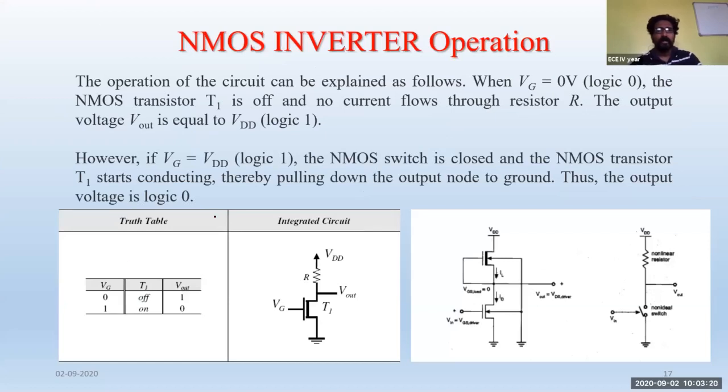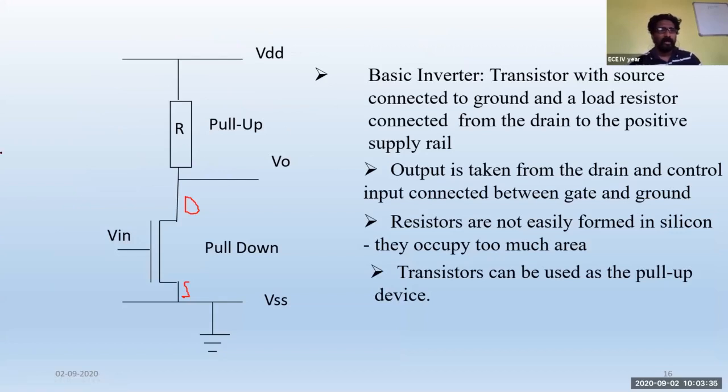Now let us see the operation of these pull-up devices. Before going to this operation, if I take one NMOS transistor, which is connected like this to the VDD, and here you will be obtaining your output.